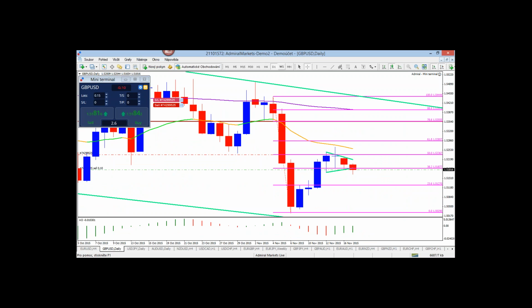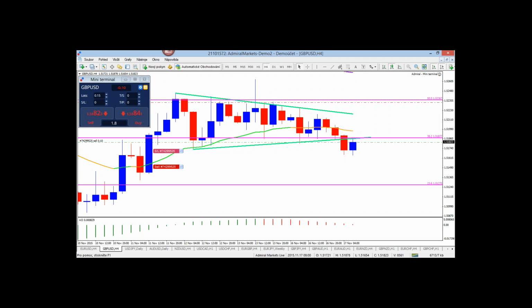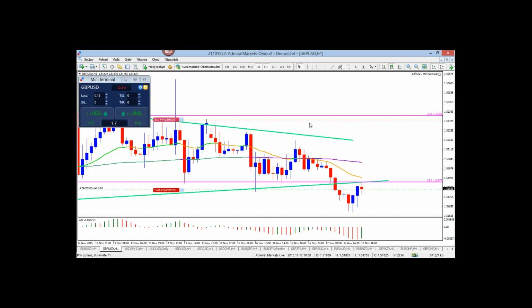This breakout might not work, so what kind of signals might be visible to get out of that trade if it doesn't go in the direction I'm hoping for? In that case, if this hourly chart does not continue and break this low within the next 5 to 6 candles, and this is the second candle, so basically it has this hour and another 4 hours to continue and break this particular low point, which is 151.65.